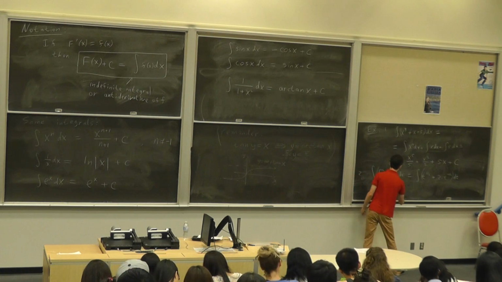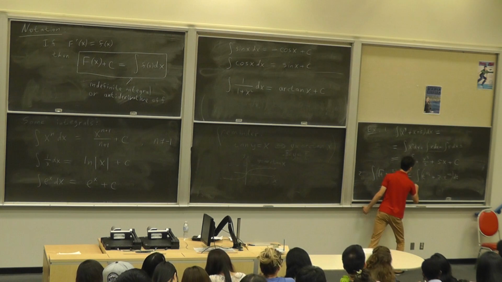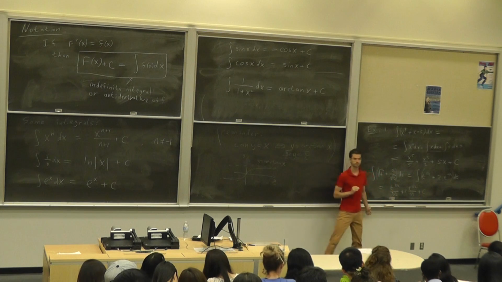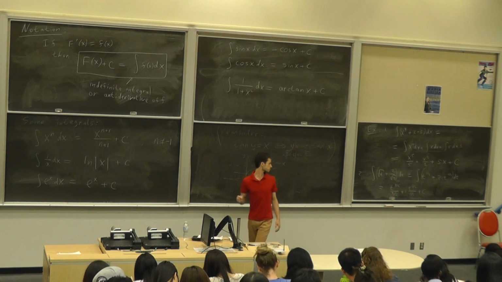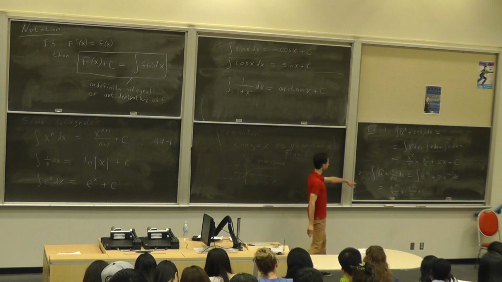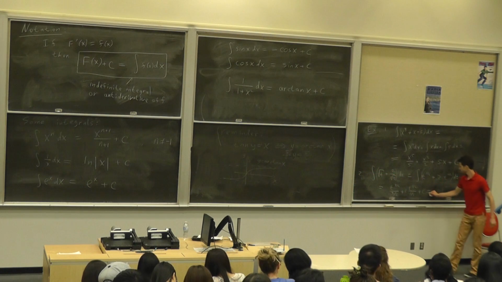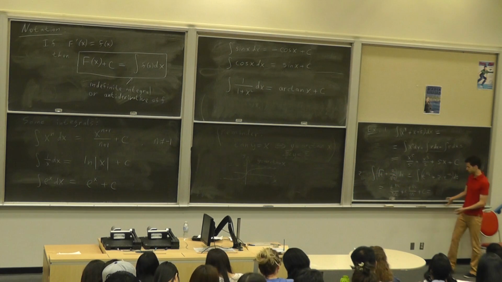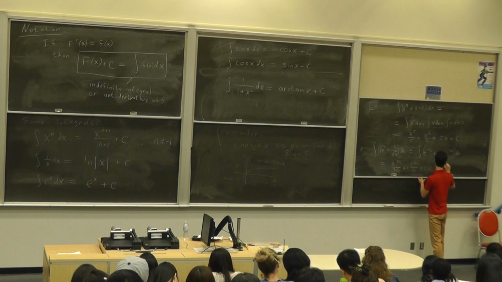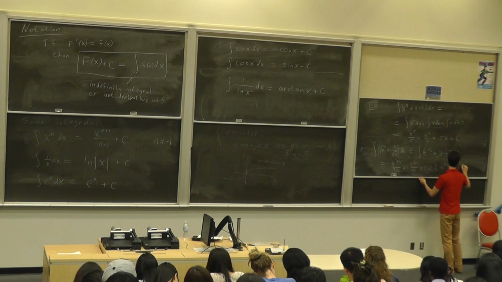So t to the power 3/2 over 3/2 plus 2 times t to the power 1/2 over 1/2. And of course, if you want, you can always simplify a little bit. Like 2/3 t to the power 3/2 plus 4 t to the power 1/2 plus C.